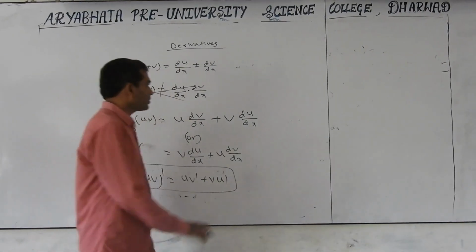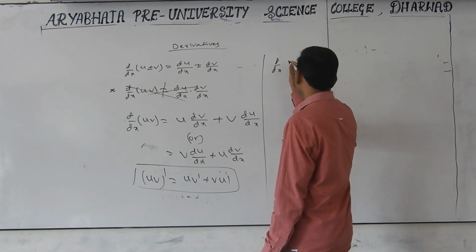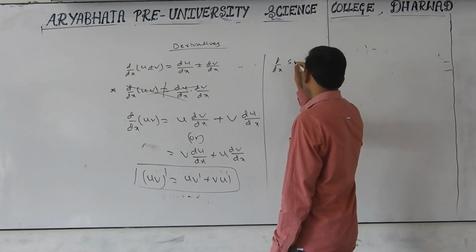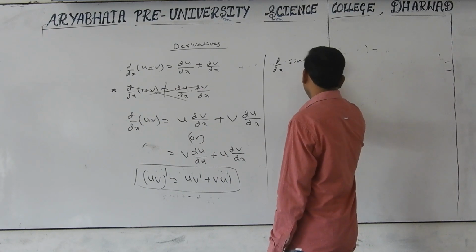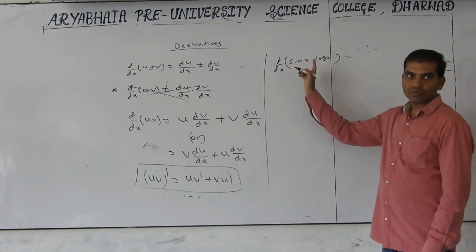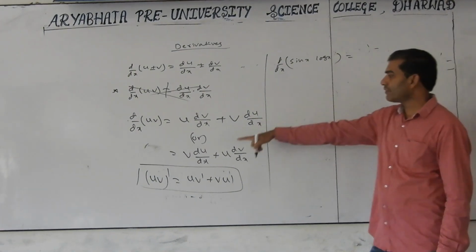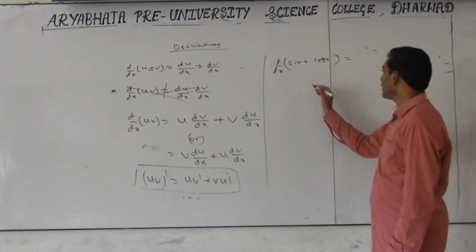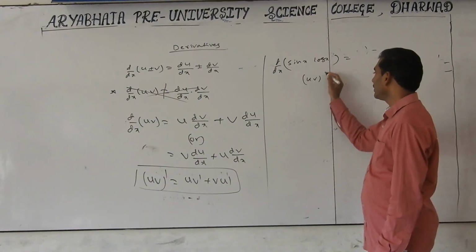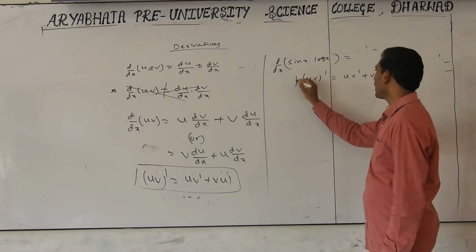Okay? Now, d by dx of sin x into log x. Here there are two functions. One function is sin x, another function is log x. So you should use the uv formula. Tell me the (uv) whole dash formula: (uv) whole dash equals u v dash plus v u dash.